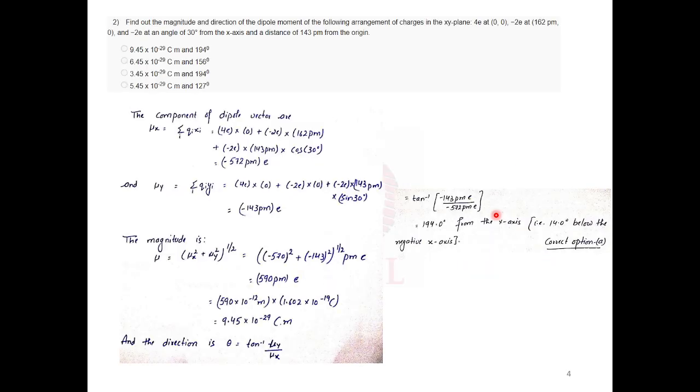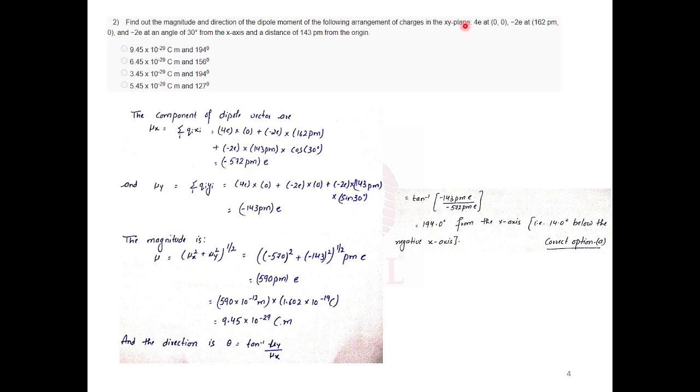Now go to the next one. If there are two dipole moment vector values, with charge q at coordinates xi and yi, then you can get mu x and mu y. They are basically the summation, or scalar addition, of charge times distance.